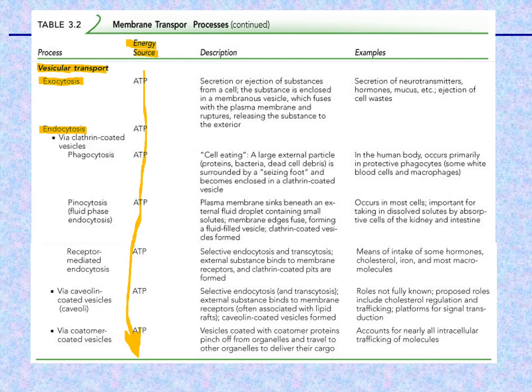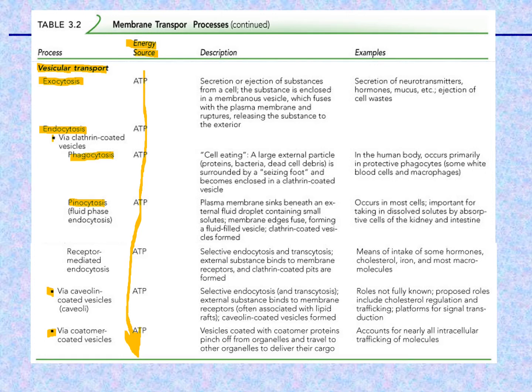If it goes out, it's called exocytosis, and if it moves in, it's called endocytosis. Furthermore, we have subcategories of vesicular transport, endocytosis, involving vesicles. And there are a number of mechanisms described here. I will not go into each of them, but I will talk about phagocytosis and pinocytosis.